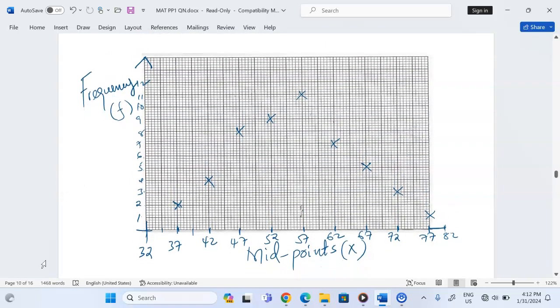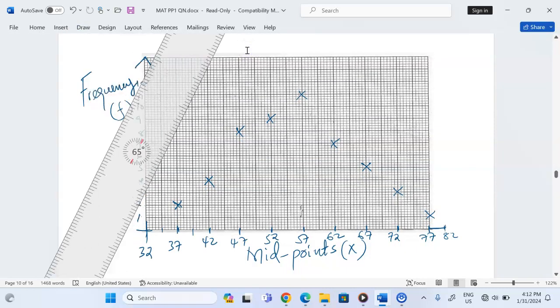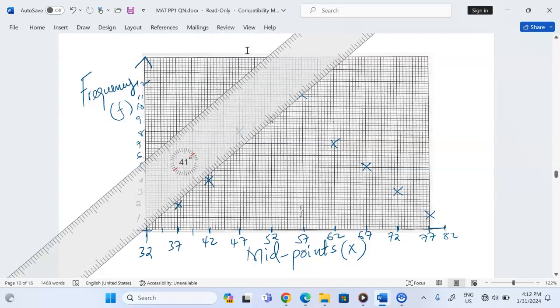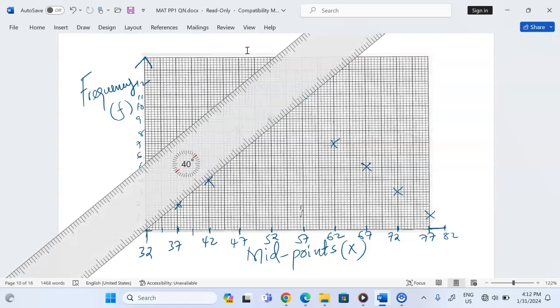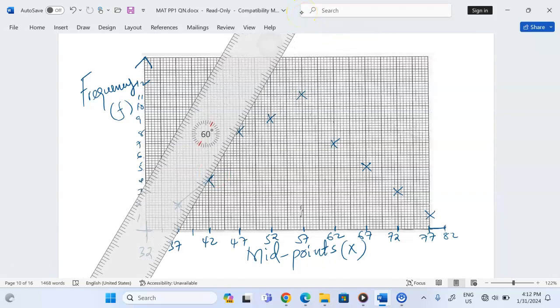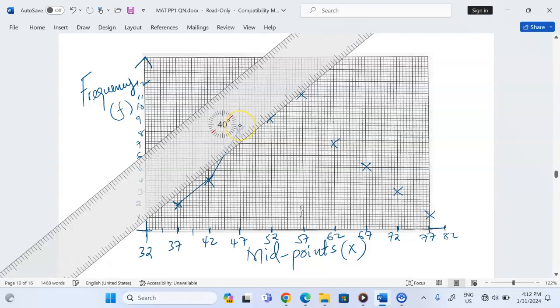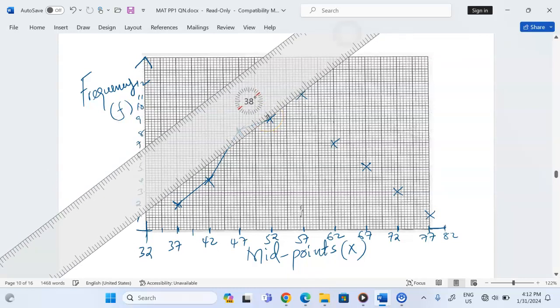The next thing is to join them using very straight lines, such that if I get this ruler, I join the first two using a straight line. Then I join the next two, again using a straight line. The next, just like that. It's not a curve, it is a polygon.